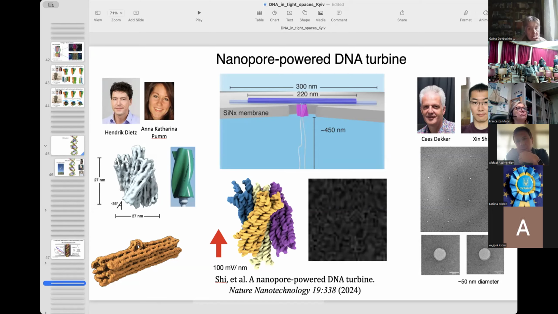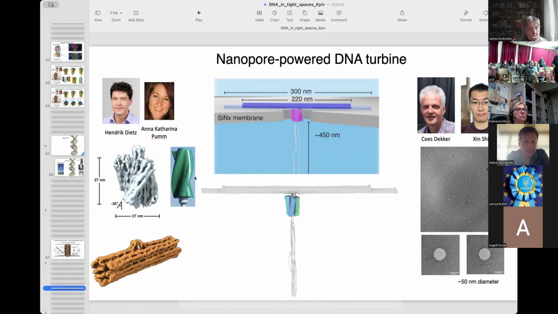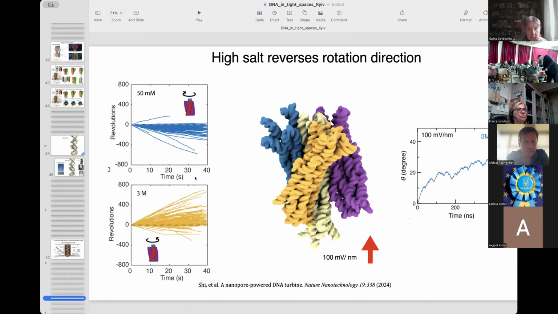And the final question, is there any dependence on the salinity of water for rotating this DNA, or is it independent? Excellent question. We spent 2 years on this, and of course, I don't have time to go over it.